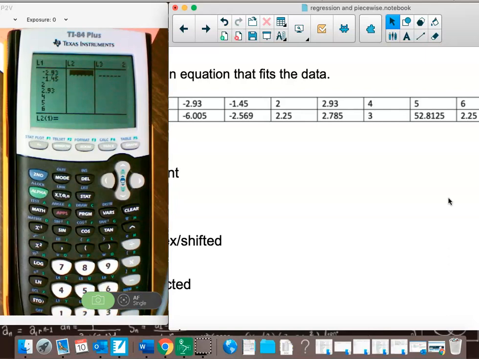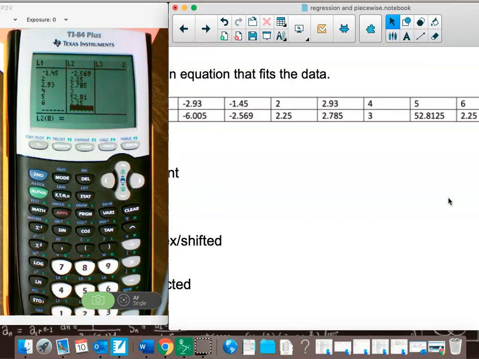For our y's, we have negative 6.005, negative 2.569, 2.25, 2.785, 3, 52.81, and 2.25.